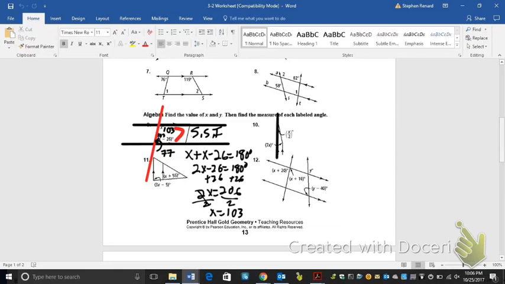Again, if we're looking at number 10, make sure you know where your two parallel lines are, those are the two black ones, and what your transversal is. And once you got that down, then you can look at those two angles, that x over 2 degrees and the 7x degrees, and go, hey, that makes sense to me. I know that those are, again, same side interior angles, which means that they are supplementary.